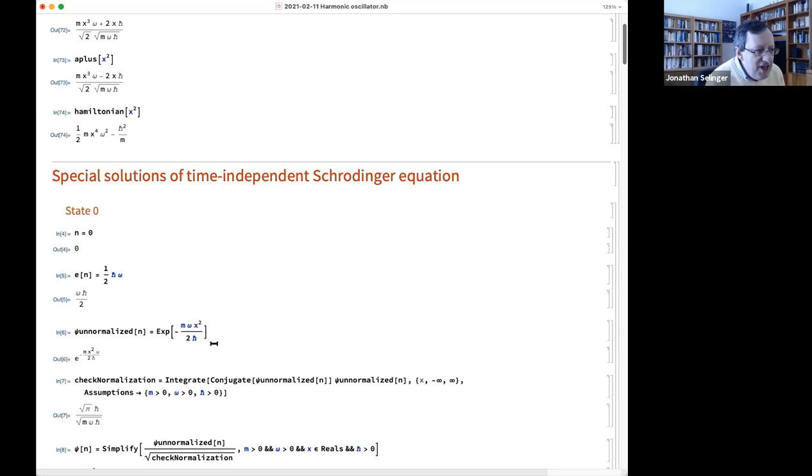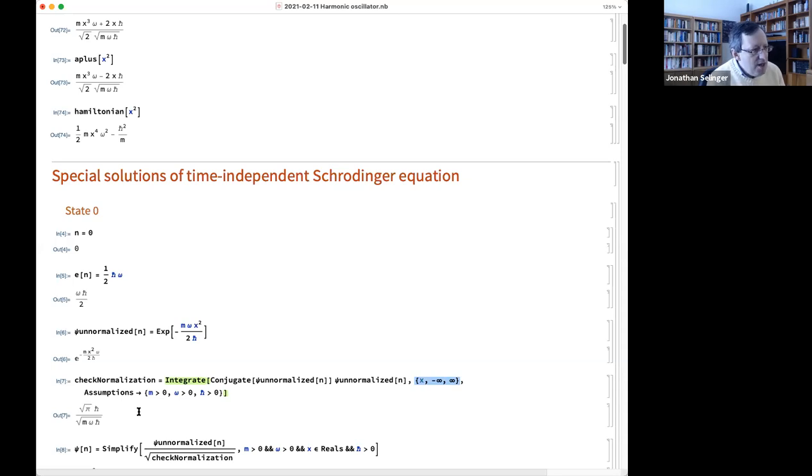Now, we still have to do all the things that we did before for the particle in a 1D box, like normalizing the wave function. So we want to check the normalization by taking the integral of the complex conjugate of psi times psi for x from minus infinity to infinity.